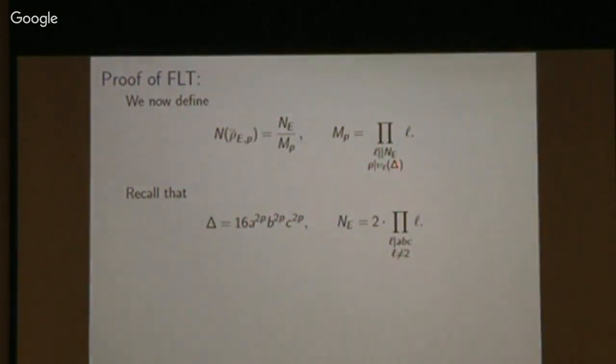And which primes will also satisfy the second condition? Everything except 2. So this number MP in this case is going to be this product here, everything except 2. This means that this first number, ρ-bar, is going to be 2.